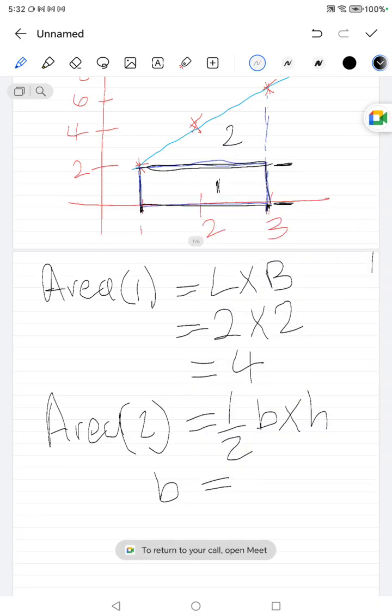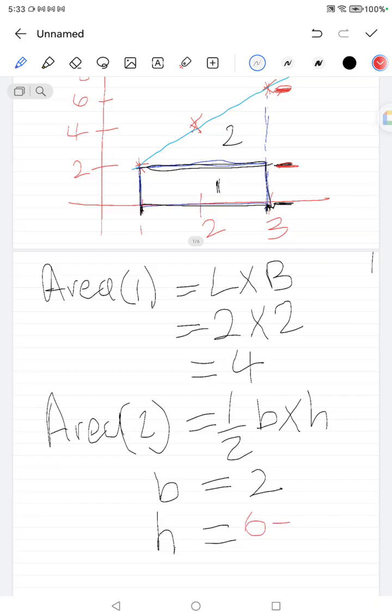Our base, we've worked out that it's from here to here, which is the difference, that is your 3 minus 1, which is your 2. Then our height would be from where? Our height will be from here to here, where you can say it's your 6 minus your 2, which is going to give you 4.